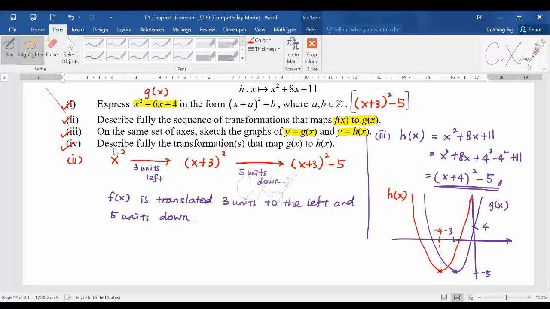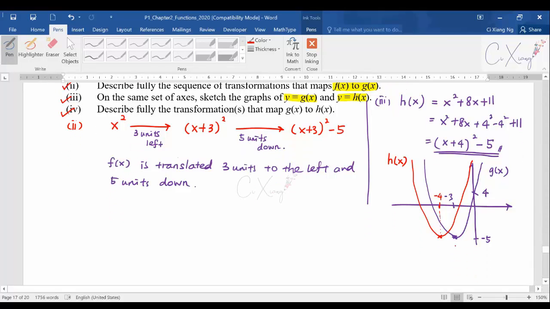So part number 4, they ask you to describe fully the transformation that maps gx to hx. So from the graph, you can see very clearly, okay, you are moving gx 1 unit to the left, okay, to get the hx, right?